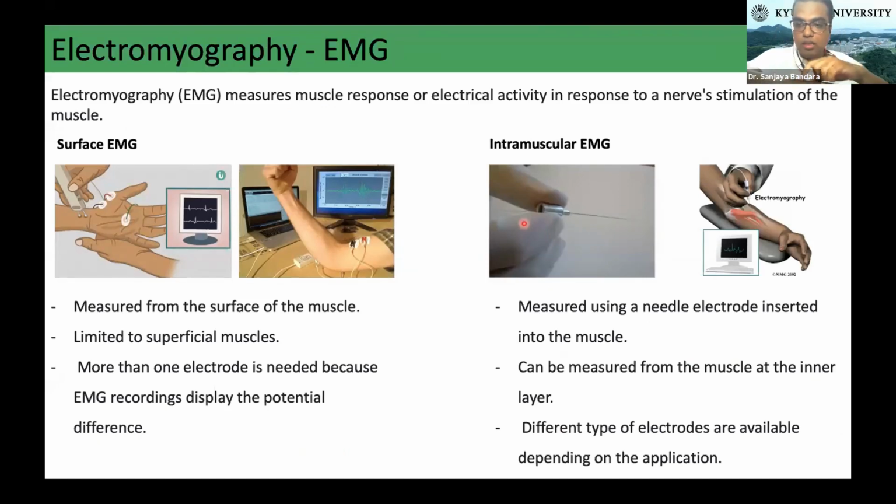One of the limitations is that it is limited to the superficial muscles, which means the top layer of muscles. There are muscles in the inner layer of the human limb as well, so we cannot access the inner layer of muscles with surface EMG. This is one of the limitations.